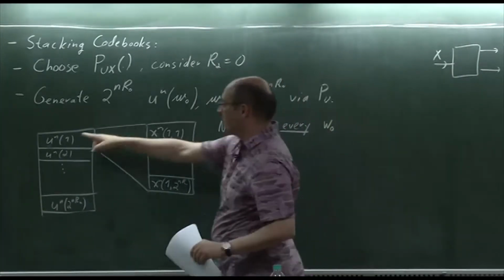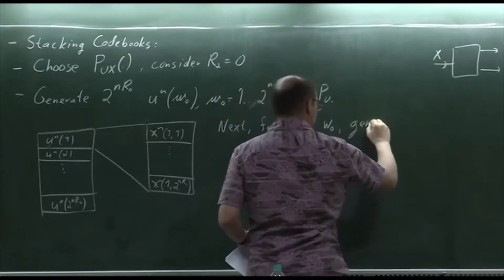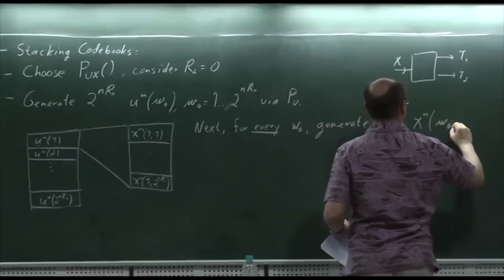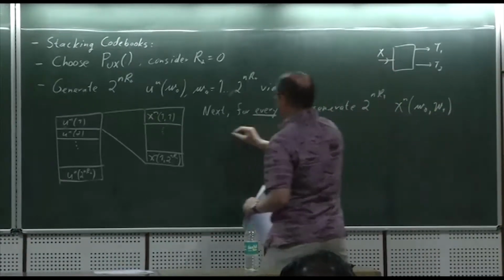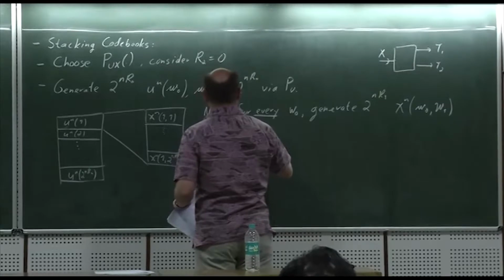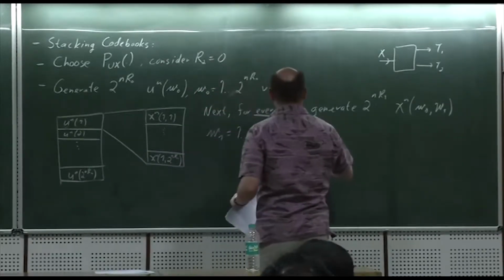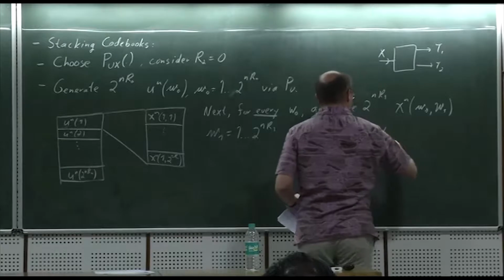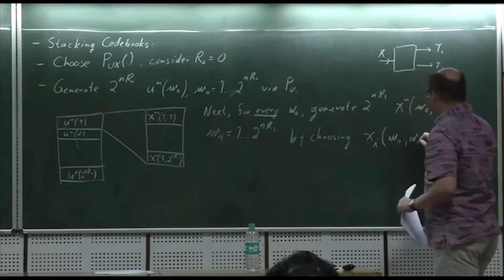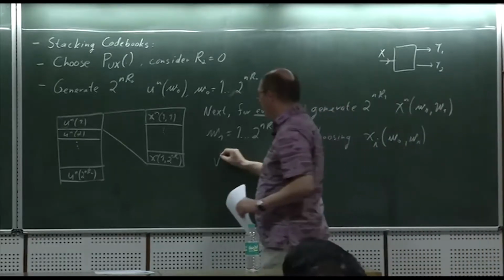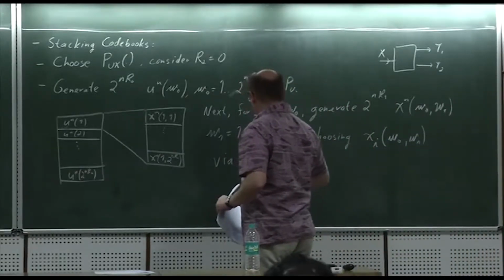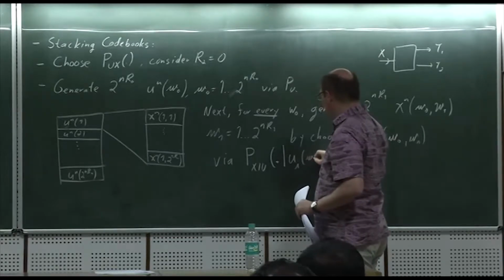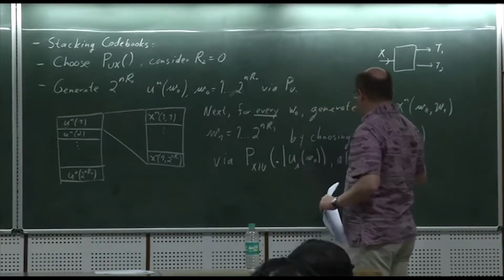So next, for every message w0, generate 2^(nR1) code words x^n(w0,w1), with w1 running from 1 to 2^(nR1), by choosing x_i(w0,w1), the ith letter of this code word, via p(x|u) given u_i(w0), for all i equals 1 to n.